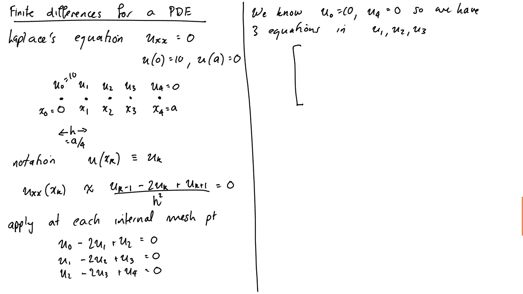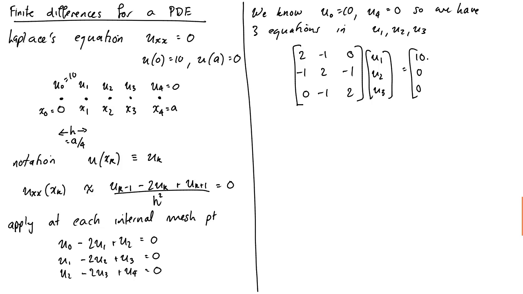Well, you can work it out for yourself, but I'm just putting in 10 into u0 and 0 into u4. I get 2 minus 1, 0, minus 1, 2, negative 1, and 0, negative 1, 2, times u1, u2, and u3 equals 10, 0, and 0. Okay, and I'll call this matrix C.